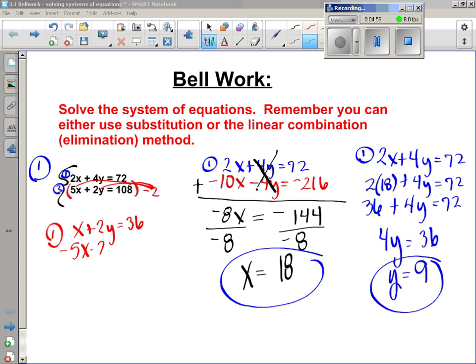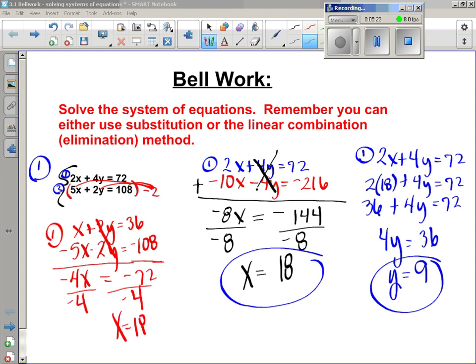Negative 5x minus 2y equals negative 108. Just made my numbers a little smaller to work with. Gave me negative 4x, those canceled, equals negative 72. And then divide by a negative 4, and x was equal to 18. So just another option for elimination.